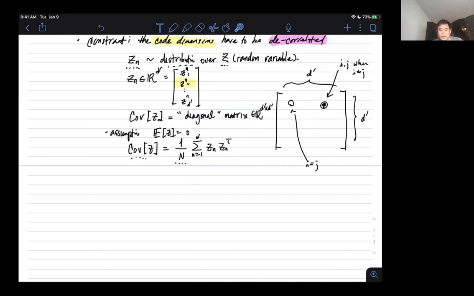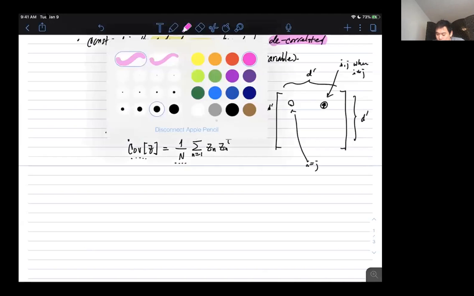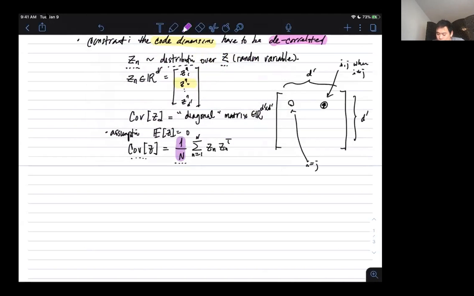And then of course, we said just diagonal. What it means is that we can in fact ignore for now this 1 over n factor. Why is that?